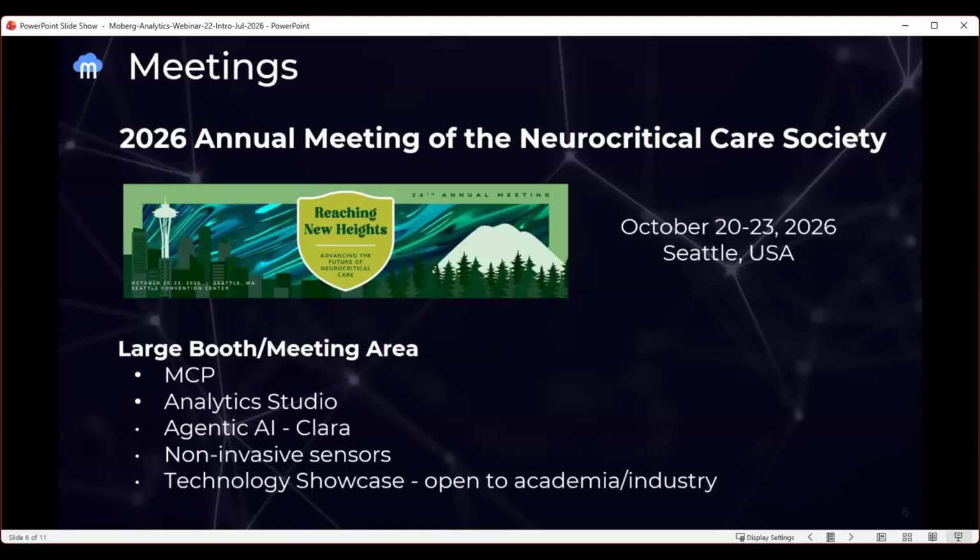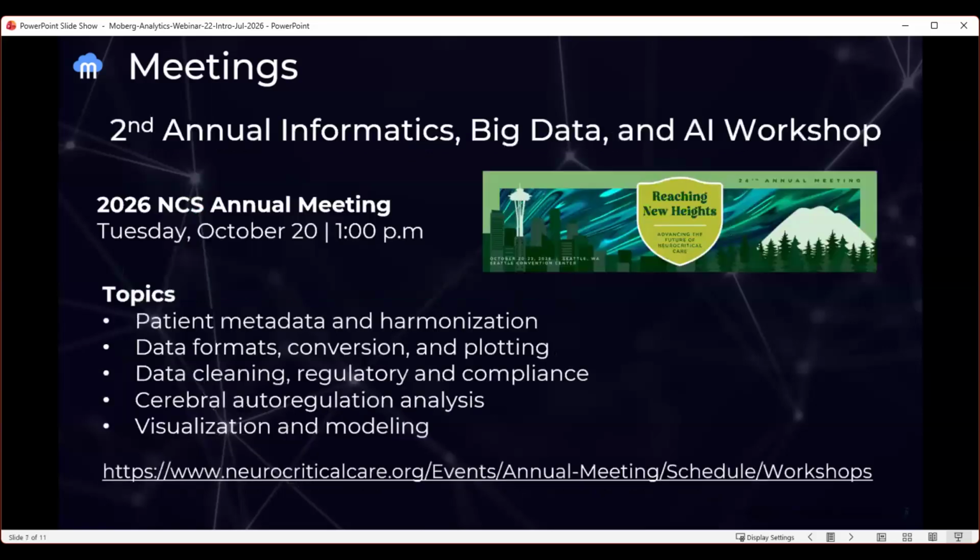But another part of that booth will be a meeting area where we hope to have a technology showcase, and we're going to open that up to academia and academic and industry partners. If you have ideas and you want to show them, or if you have algorithms or models or a sensor, whatever, we invite you to connect with us, and we can give you a little space in our booth there. So again, we're trying to make this effort about community as well.